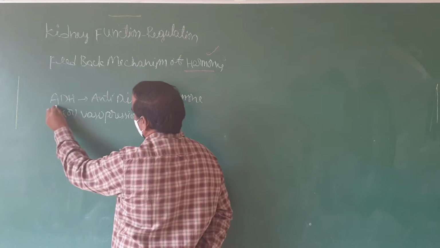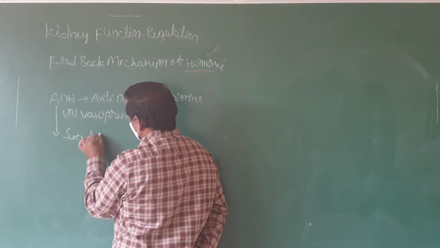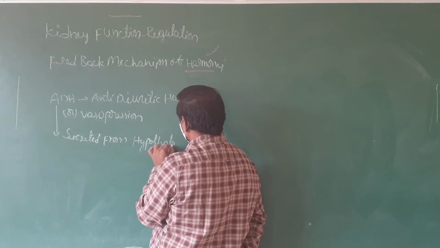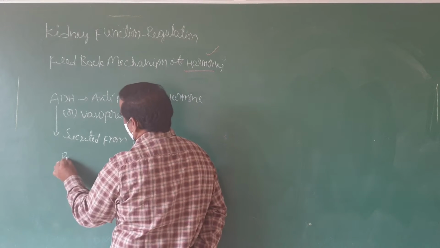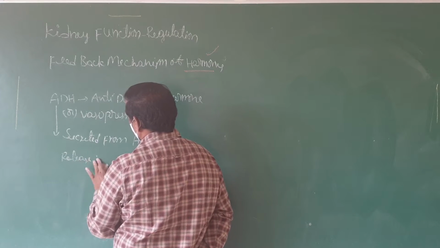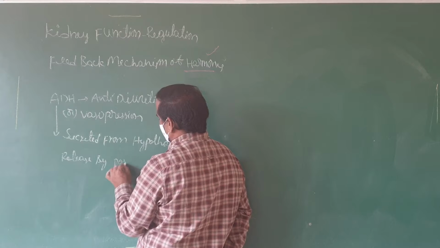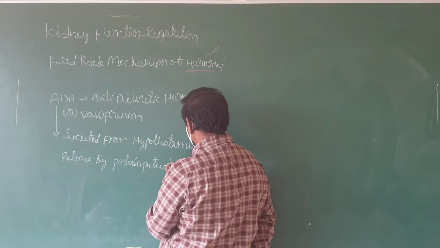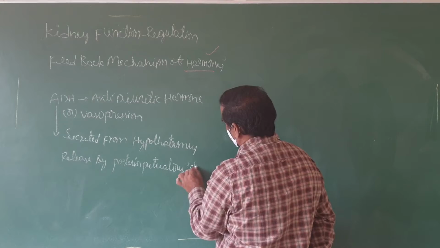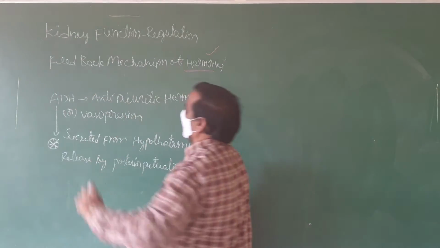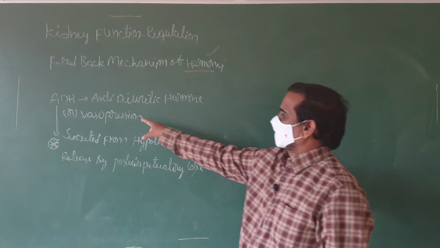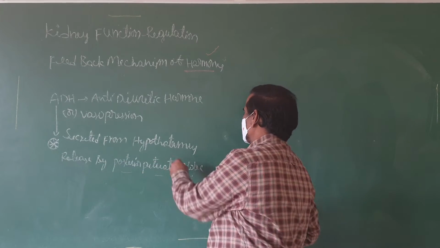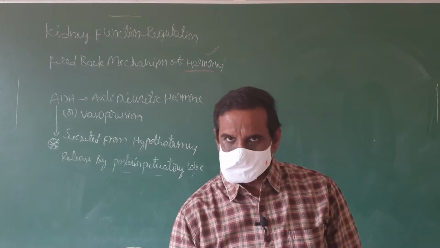Antidiuretic hormone or vasopressin is secreted from the hypothalamus and released by the posterior pituitary lobe. This you have to remember. Antidiuretic hormone or vasopressin is secreted from the hypothalamus, and the same hormone is released by the posterior lobe of the pituitary gland.